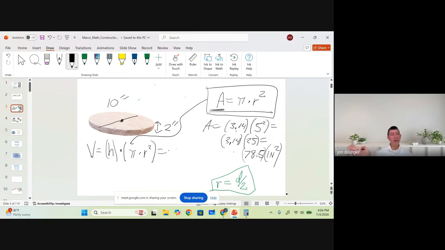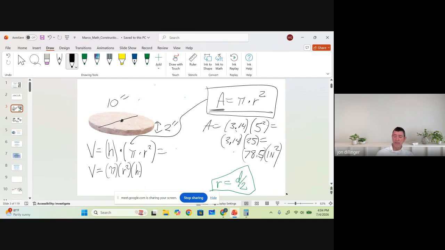Now you can maneuver the stuff around, so you can change it to volume is equal to pi times r squared, and then times the height, or the thickness. You have the equation now, and the units are all the same, inches. Now, if the units were different, you would need to convert them to the same.